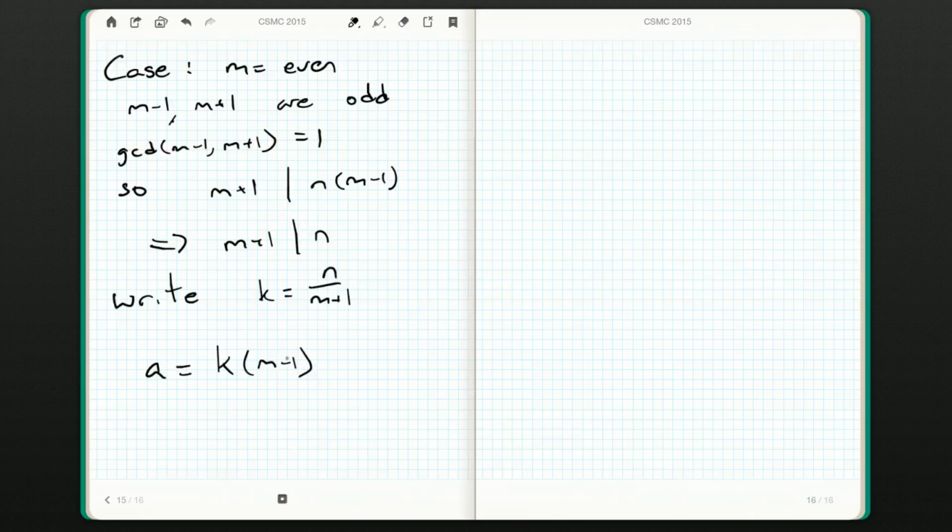So what happens here? If we have a and we choose it so it has, we can make m minus 1 any of the odd factors of a. And that'll solve for m. And then once we know that m, we'll know what k is. It's the leftover factor multiplied by m plus 1, and that will definitely get us an n.